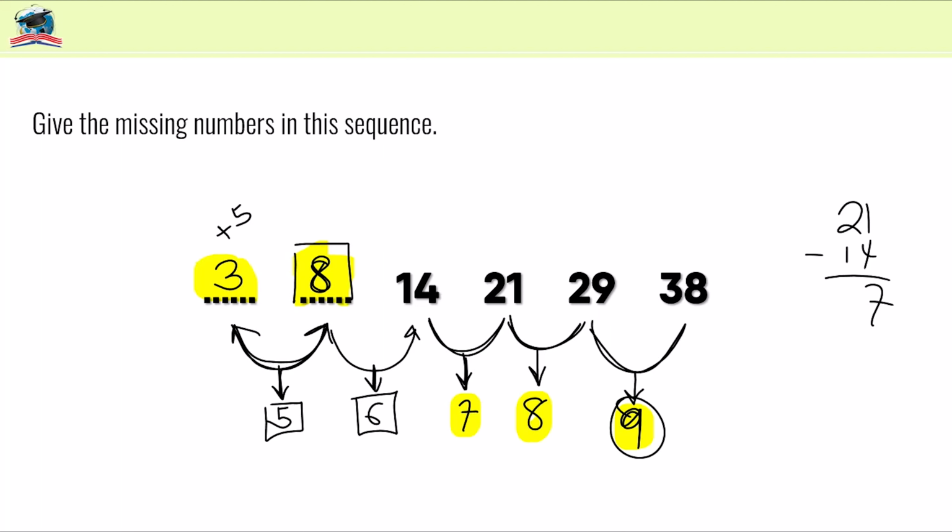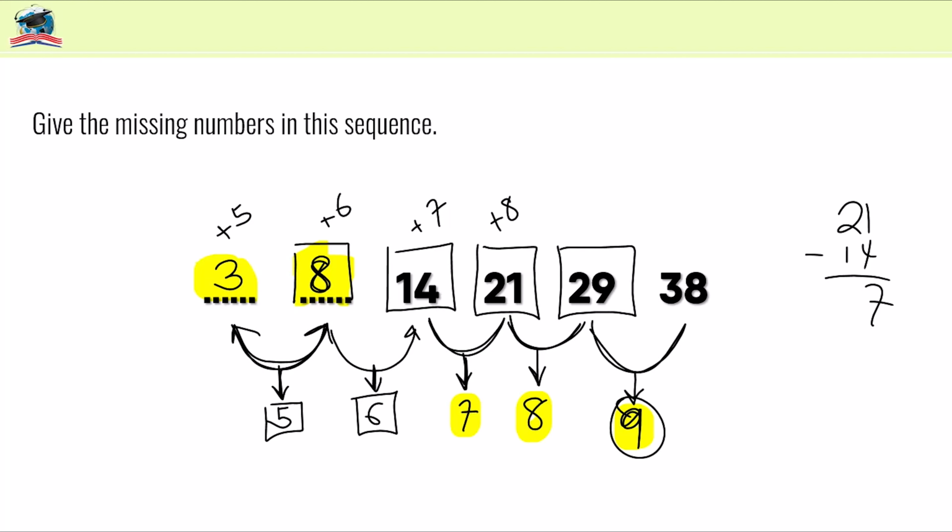If we add a 6 to the 8, that should give us 14, which is what we got here. If we add a 7 to the 14, that should give us a 21. That's what we have here. If we add an 8 to this 21, that should give us a 29, which is what we have here.